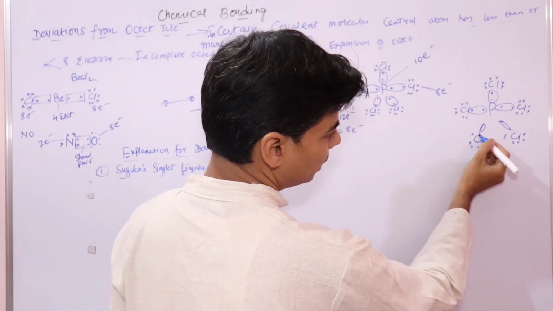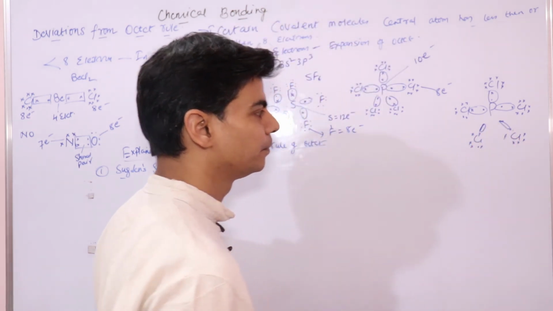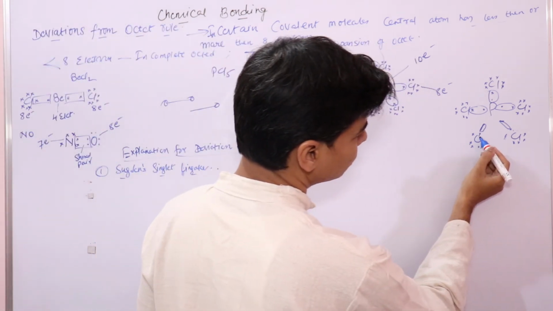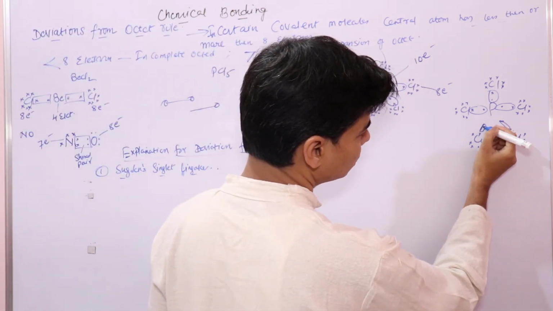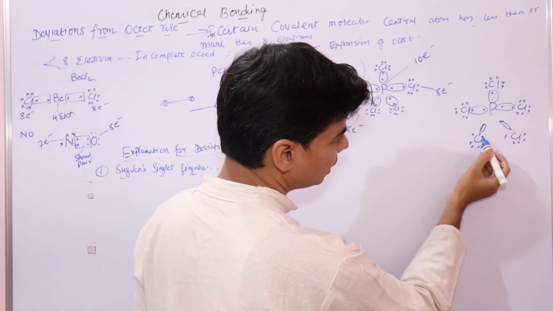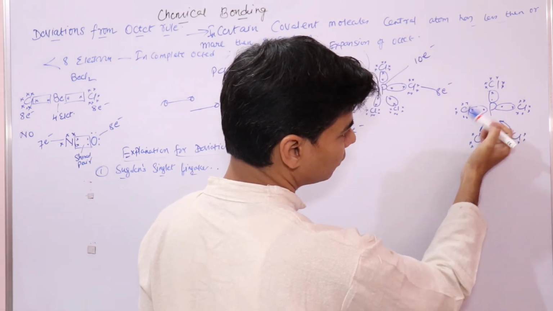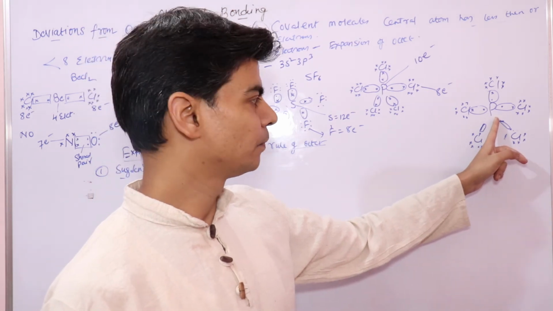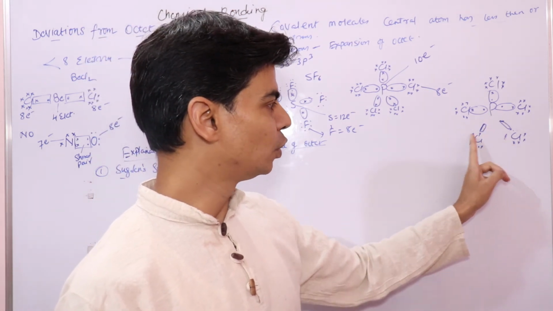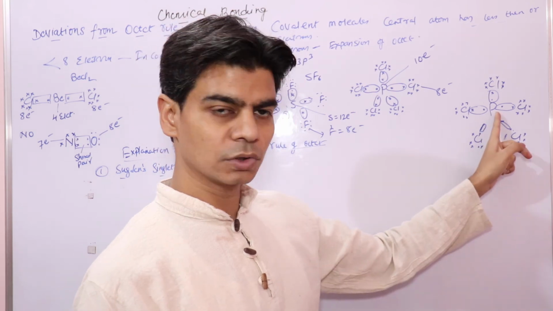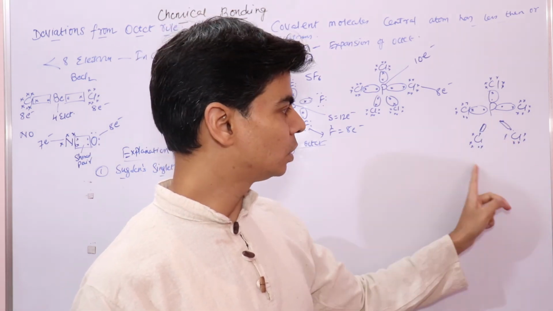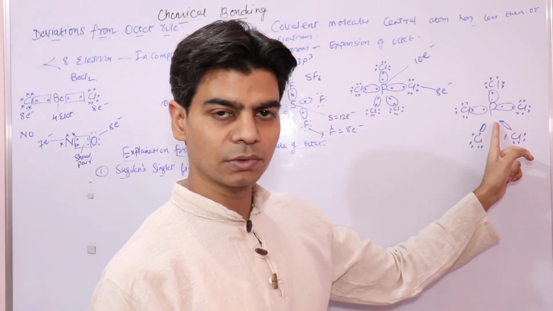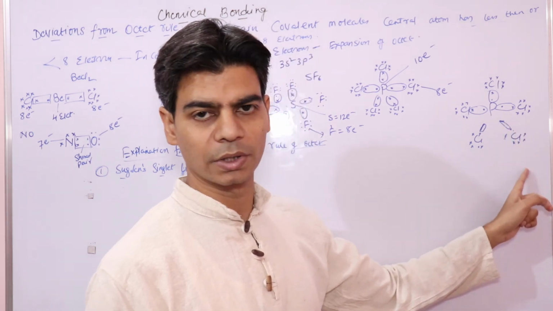Here the electron of chlorine is not shared with phosphorus. What it shows is that chlorine will share only the electron of phosphorus, to complete its octet. This chlorine will also share 1 electron from phosphorus to complete its octet.